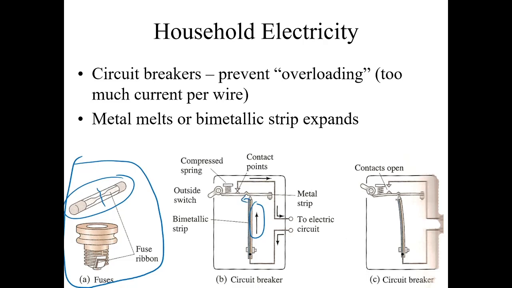The whole thing bends and slips over here and leaves a little air gap. So now the circuit is open, and that's what you want. You want to cut off electricity to that part of the house so you don't end up with a fire. For the most part, modern circuit breakers use this, and you just go down to the basement, into your circuit box, and you flip it.